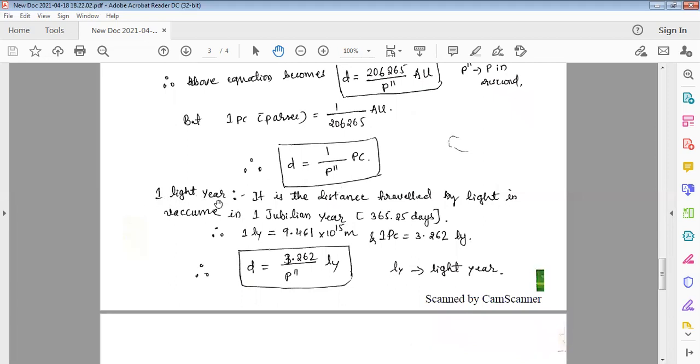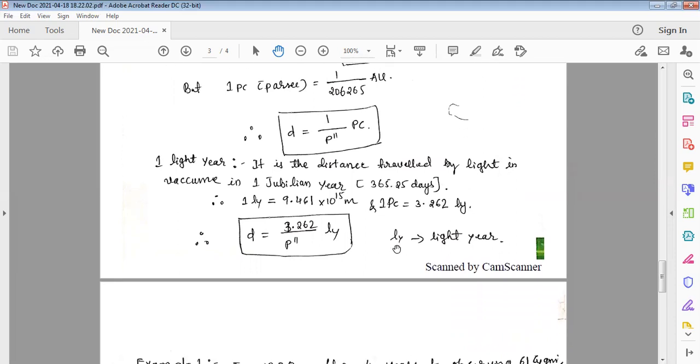Then you can express this in terms of another unit called the light year. As you know, 1 light year is the distance traveled by light in vacuum in 1 Julian year, which is 365.25 days.